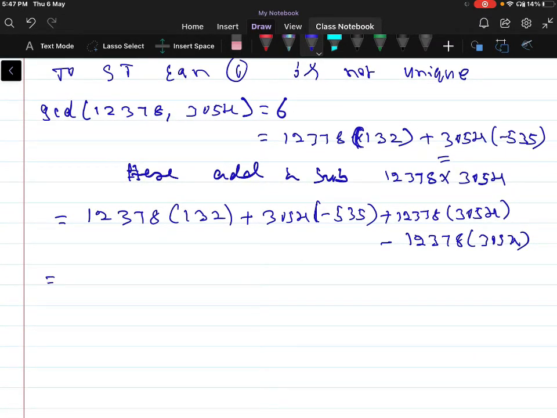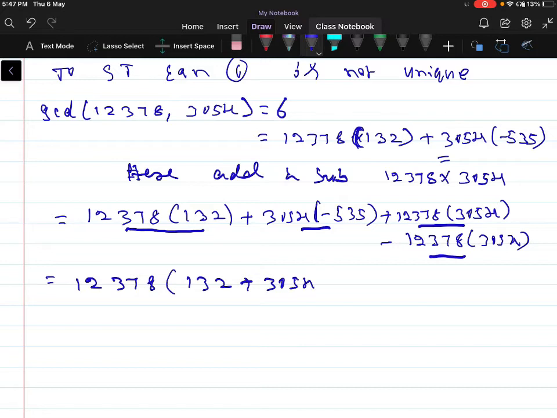Now grouping the first term and the third term, and grouping the second and fourth terms, we get 12378 into (132 plus 3054) plus 3054 into (minus 535 minus 12378).